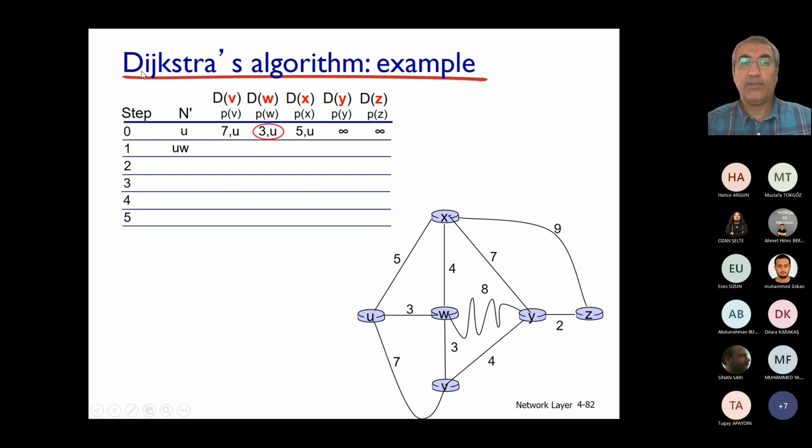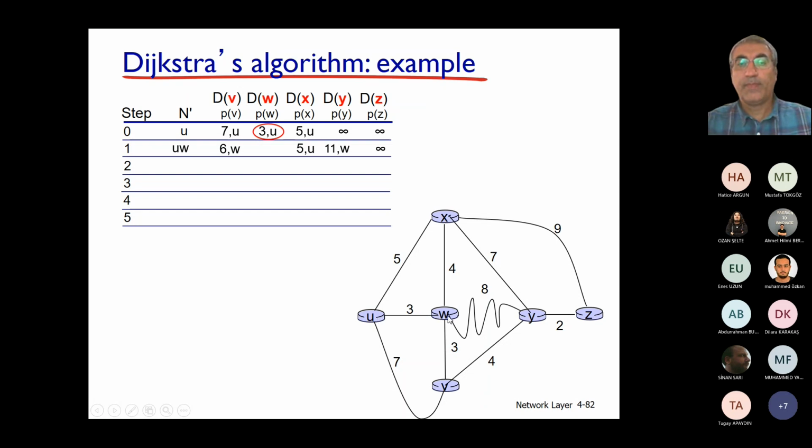Of course, it is the 3, from 7, 3, and 5. So the minimum cost is equal to 3. That's why we select this path, which is the W, and then we put this W into the N prime set. Now we have UW.